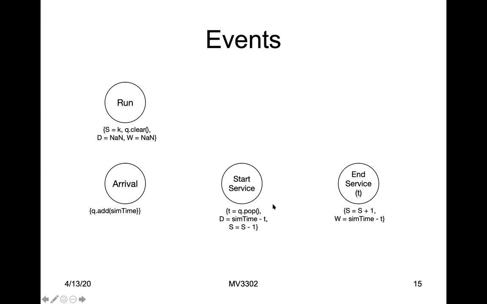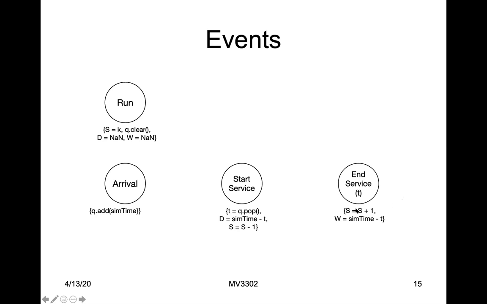When we start service and we pop off the first, the smallest one in this container, that is the time that the customer who's starting service arrived. And so the difference between the current sim time and that time that we popped off is the amount of time they've spent in the queue. So we can get our state variable D, the delay in the queue, as being our current time minus the time that that customer arrived.